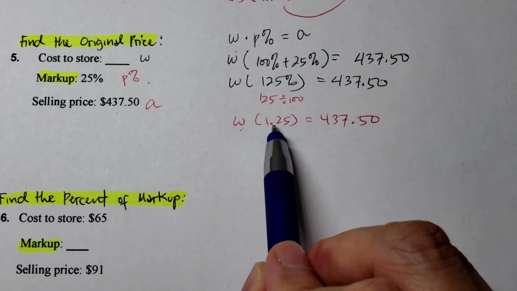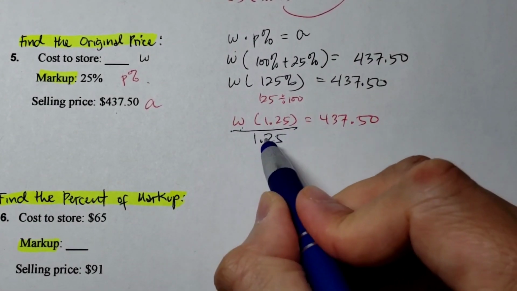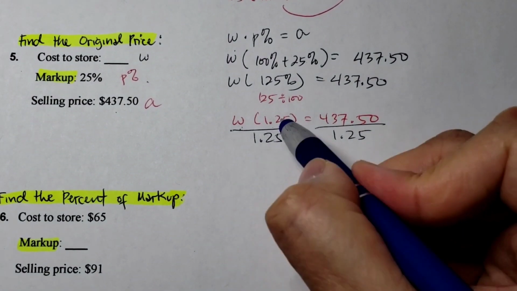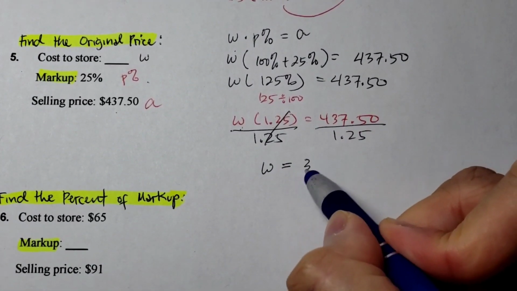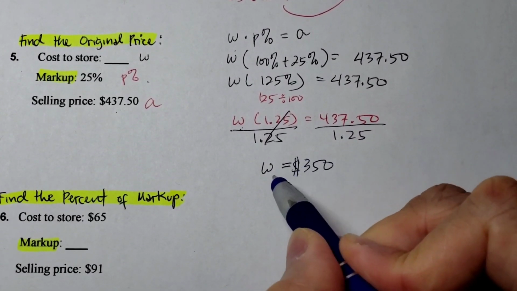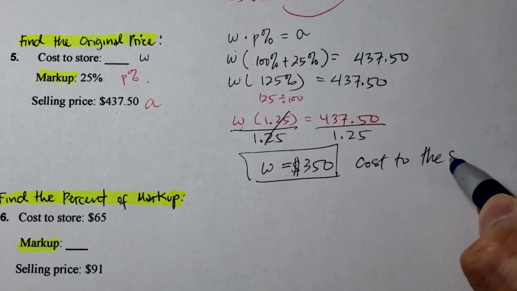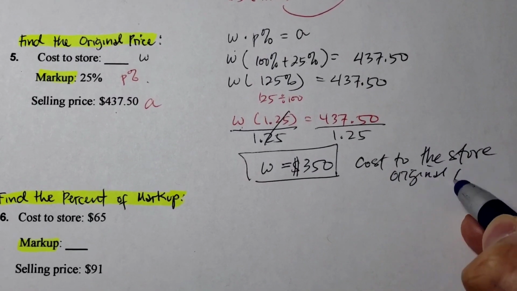Isolate W, so we're going to divide by 1.25 because we need to keep W by itself. Whatever you do on one side, you do on the other. W is equal to, if you divide this, $350, which is the cost to the store, or the original price.